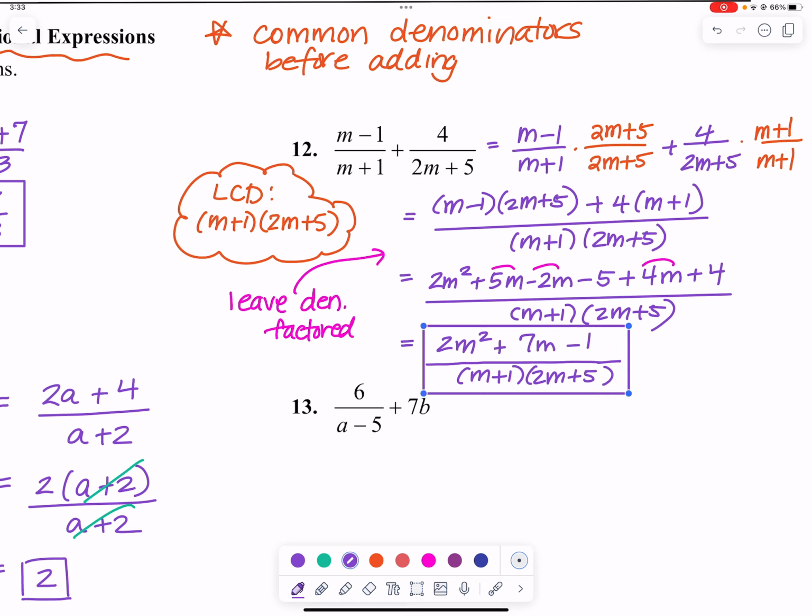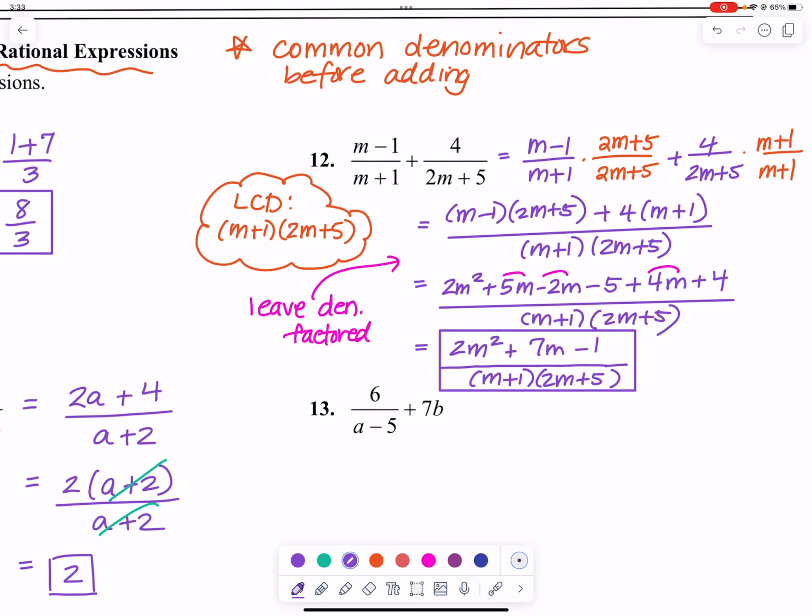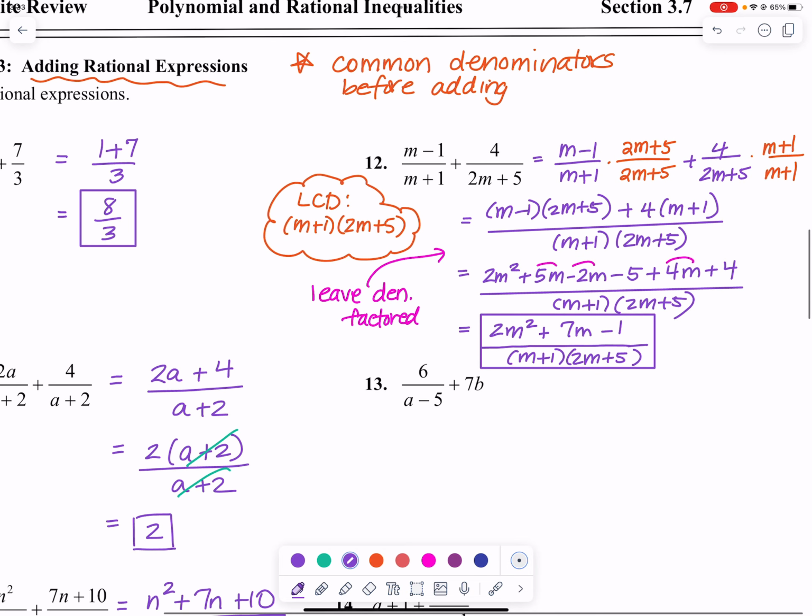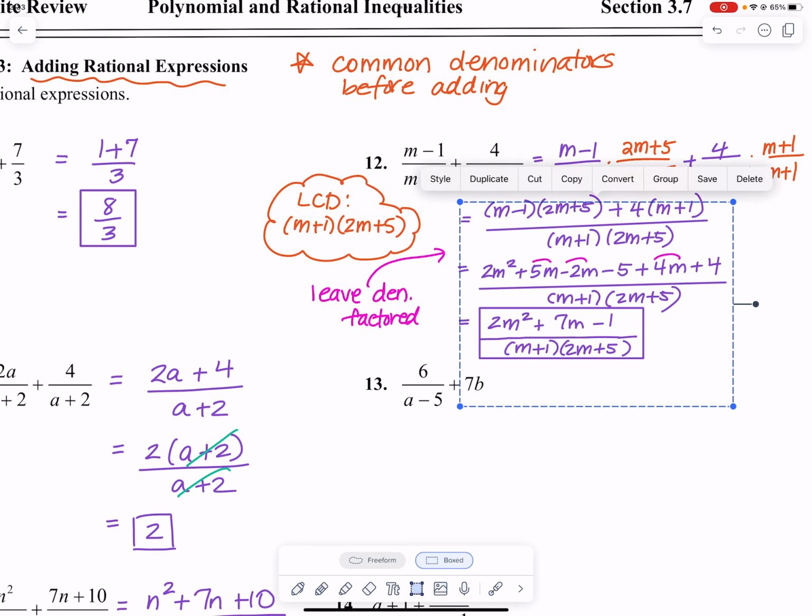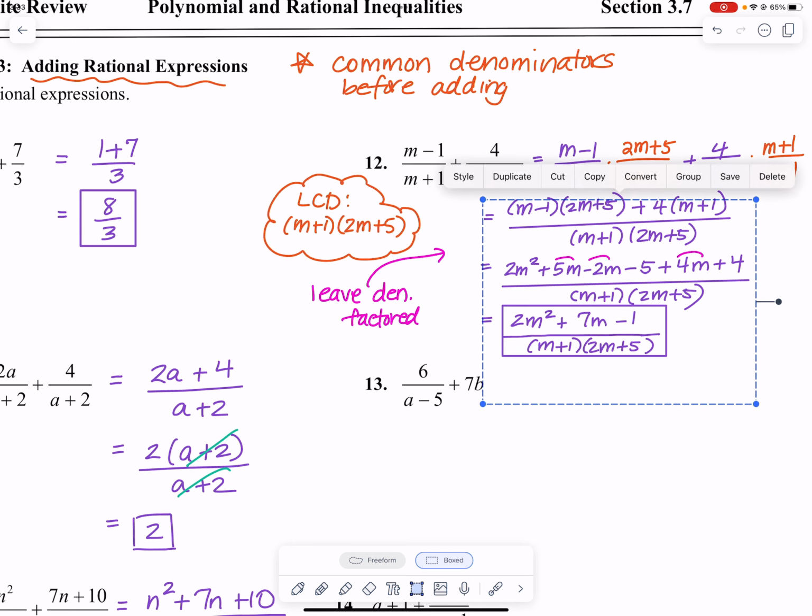And that is our solution. That is both of those rational expressions added together.